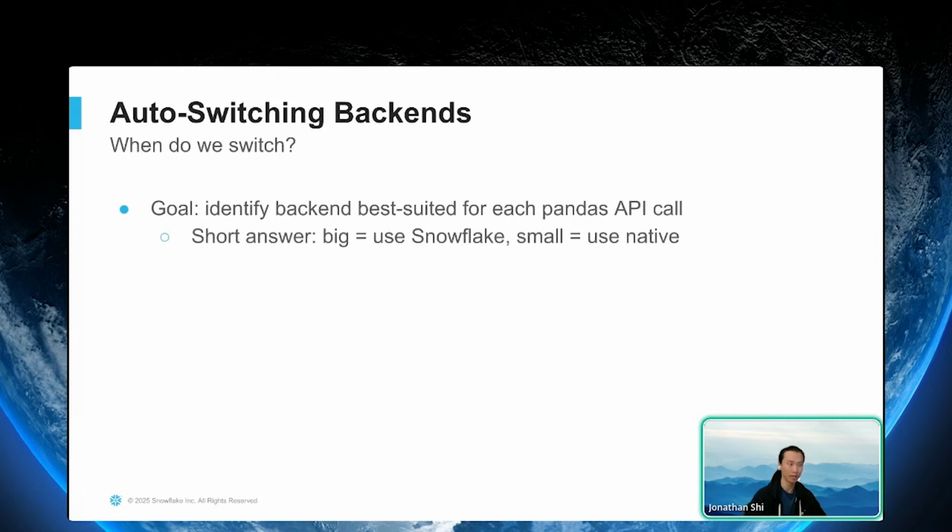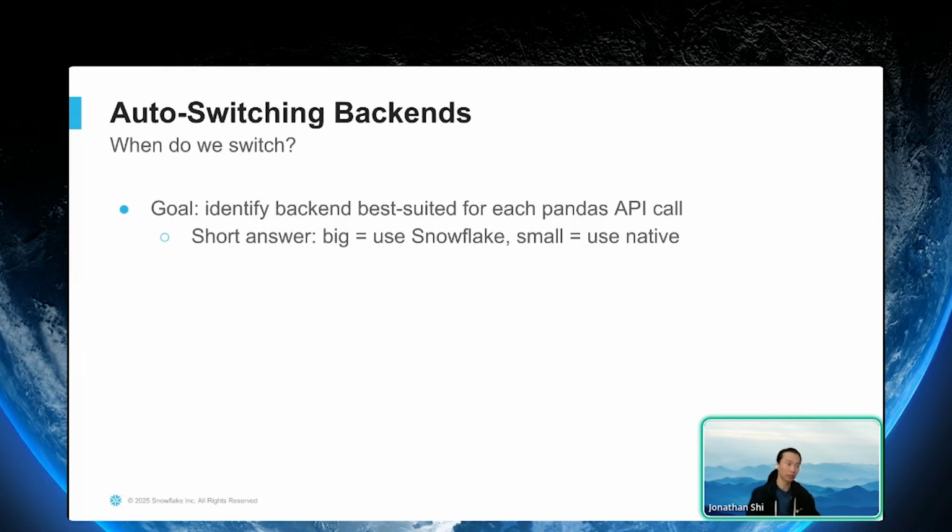What this really comes down to is, I've kind of been alluding to this the whole time, but if your data is small, you probably want to use native execution, but if your data is large, you want to use Snowflake. Because in Snowpark Pandas, most of our users are starting from Snowflake SQL tables, we typically will start in Snowflake execution by default, and then switch to native execution if it would make sense, if the data is sufficiently small.